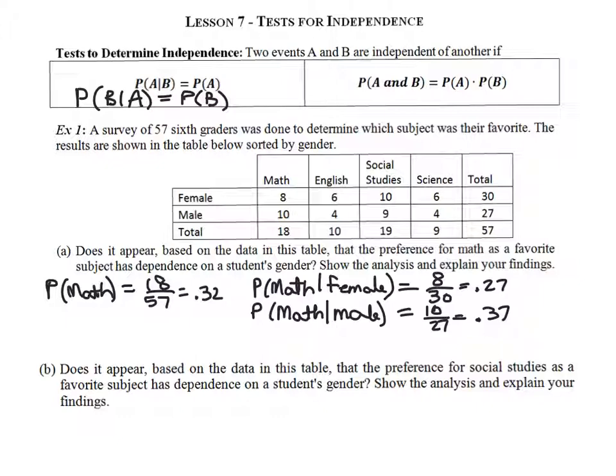Now, when I look at either of those conditionals, neither conditional is equal to the probability of liking math in the whole population.